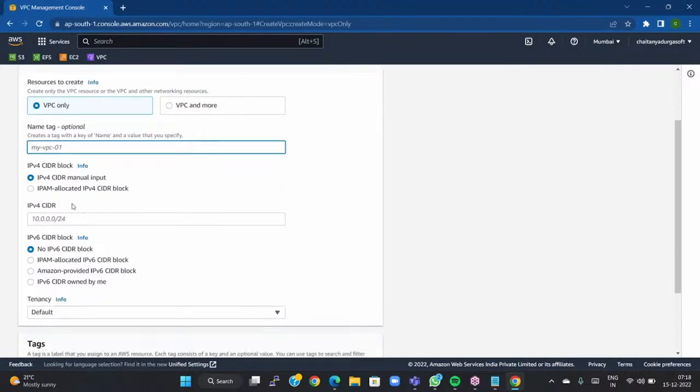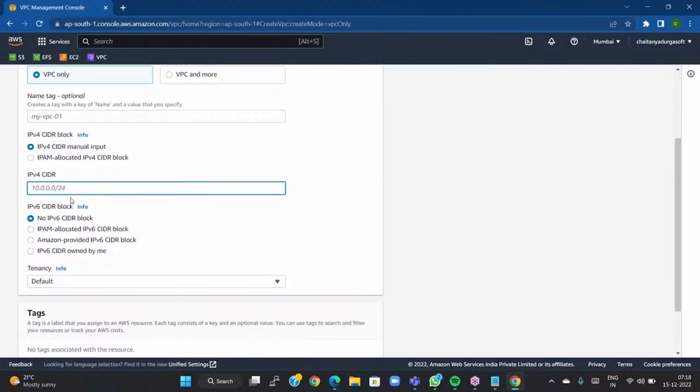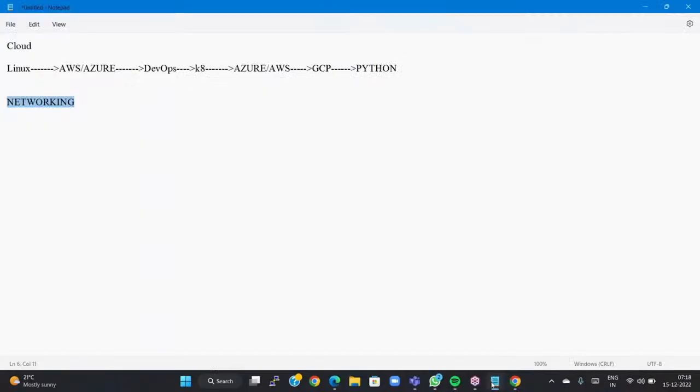But here it is asking you for the CIDR. It is a required thing. What is meant by this CIDR? We will learn this in the networking sessions. But if you don't know what is meant by CIDR, then you cannot create a VPC. So it is mandatory to have a basic understanding of IP addresses and all those things. So I recommend you to concentrate on networking also. Once we are done with this, then we can go further into EC2 instances and all those things.